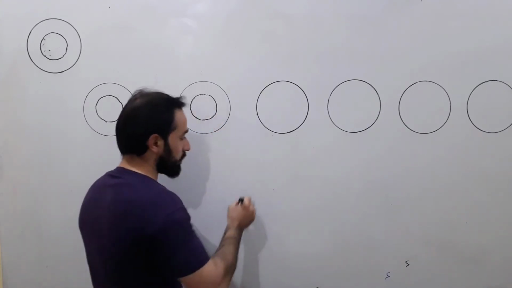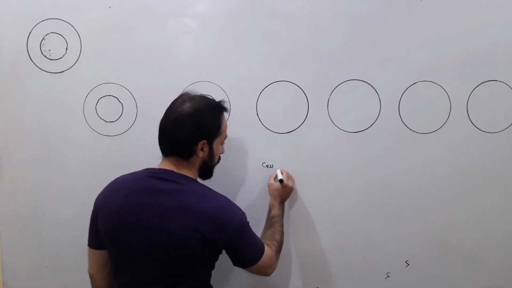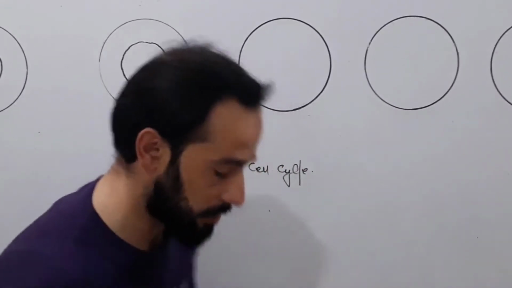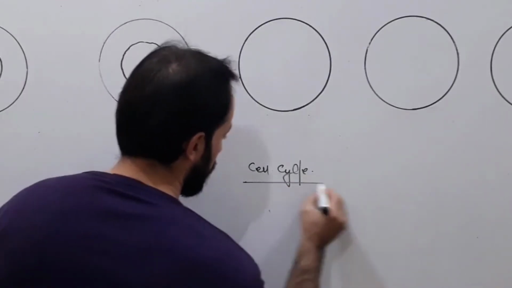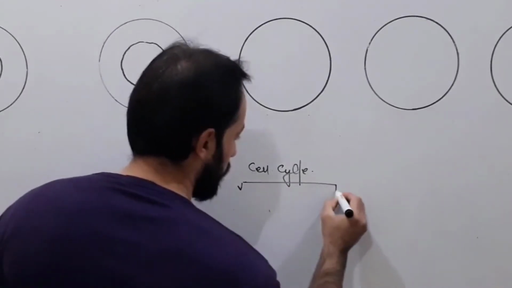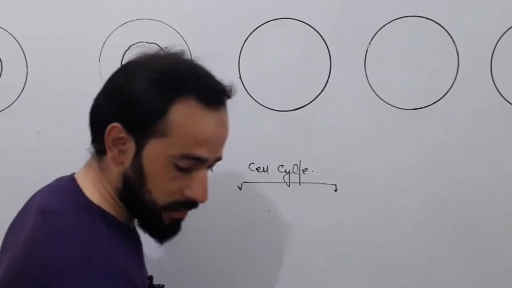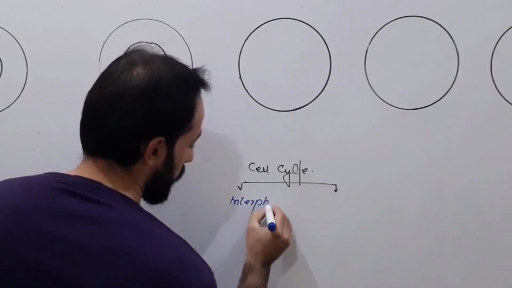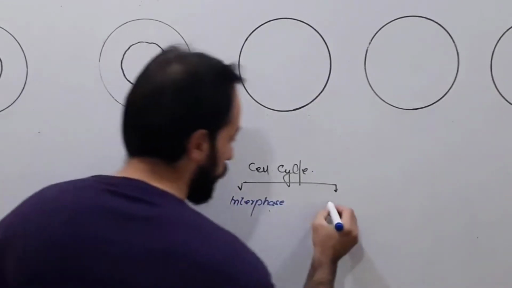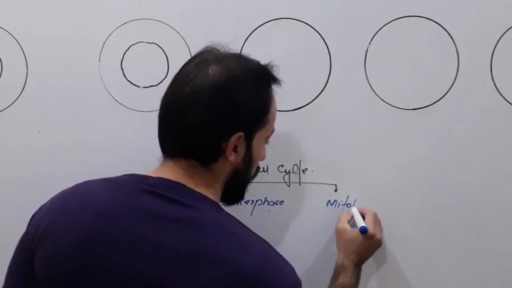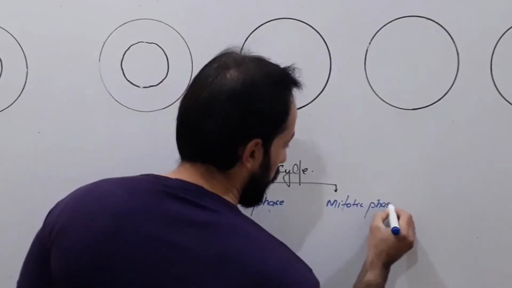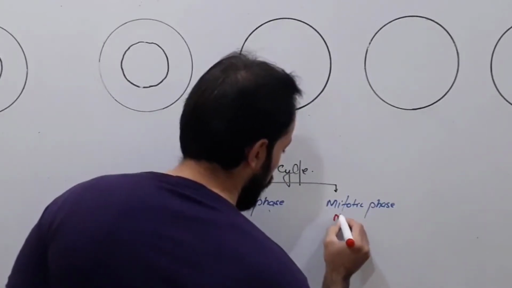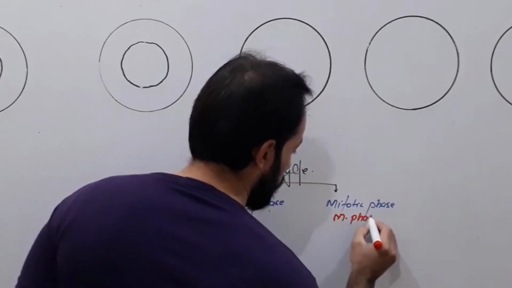So we know, my dear friends, that there is the cell cycle, and we have defined and discussed the cell cycle in big detail. The cell cycle comprises two important phases. One was interphase, and one was the mitotic phase. Mitotic phase, or we can call it the division phase, or we simply call it M phase.